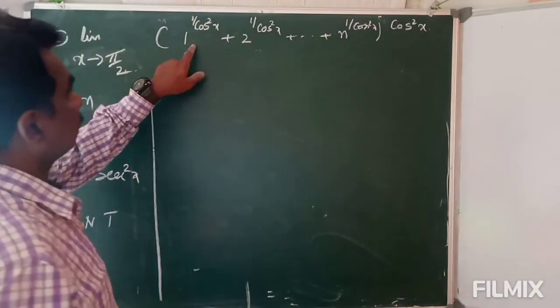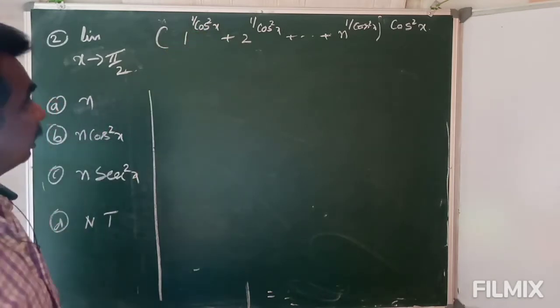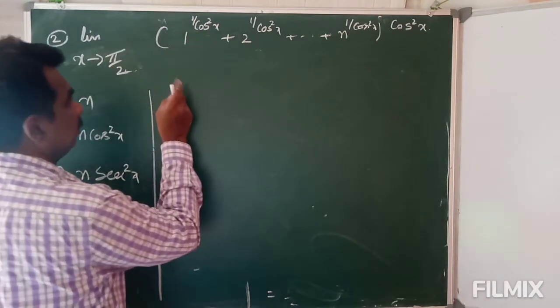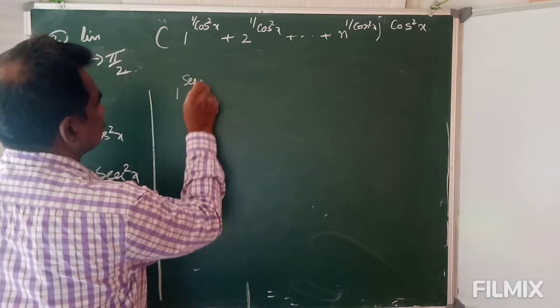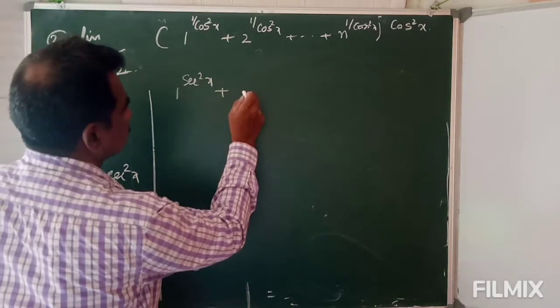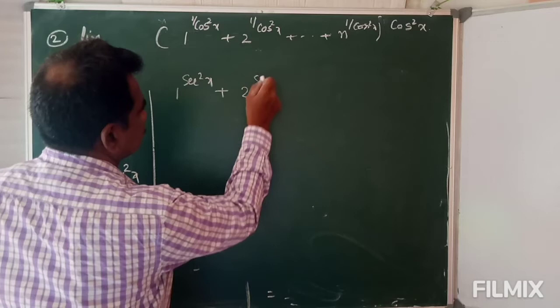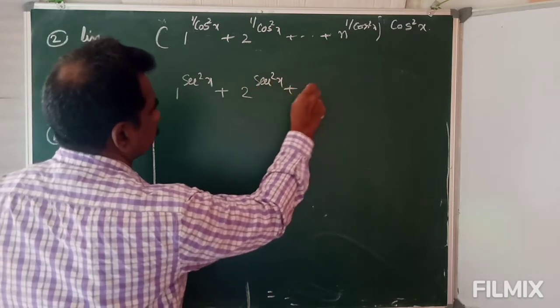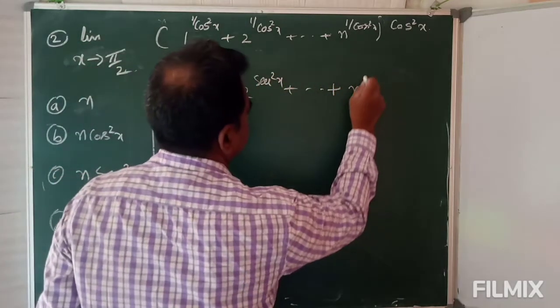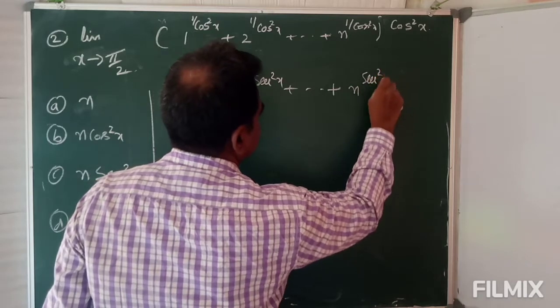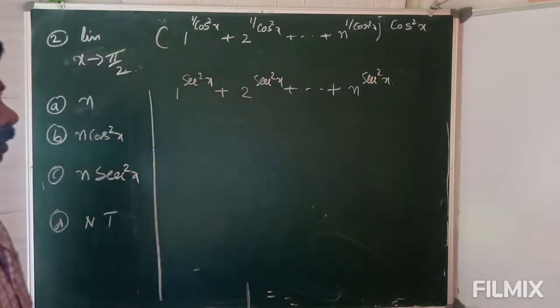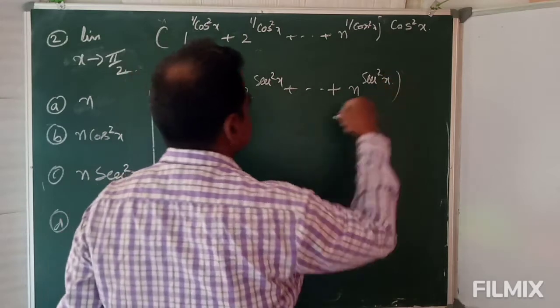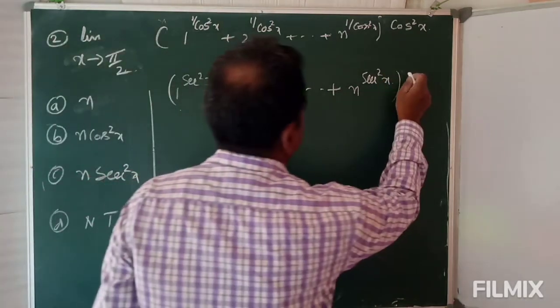See, what is 1 by cos square x? Secant square x. I won't write the limit. 1 power secant square x plus 2 power secant square x up to so on plus n power secant square x, whole power cos square x.